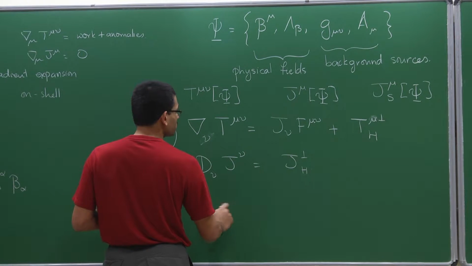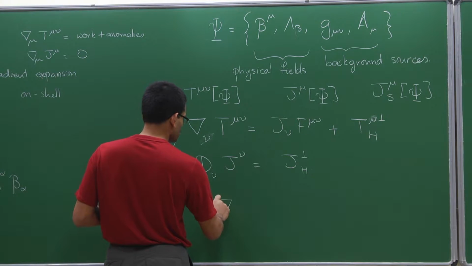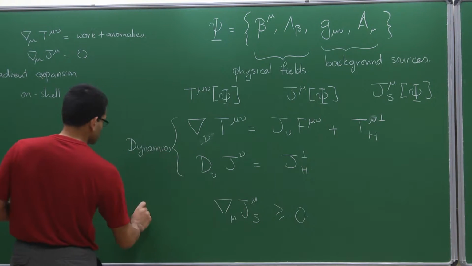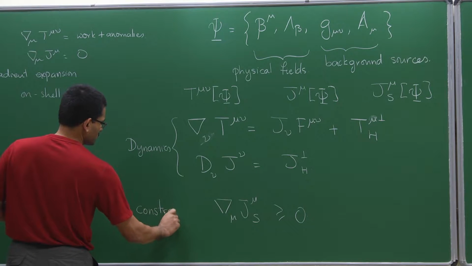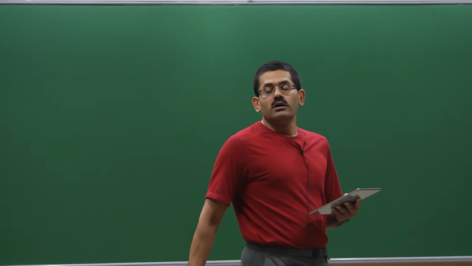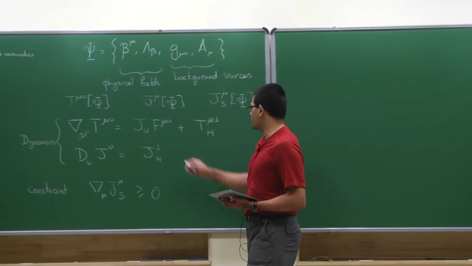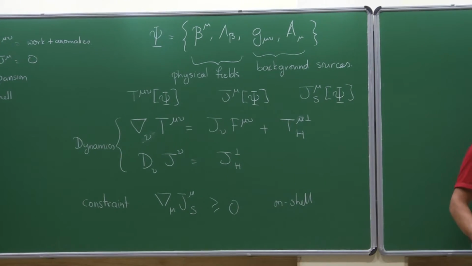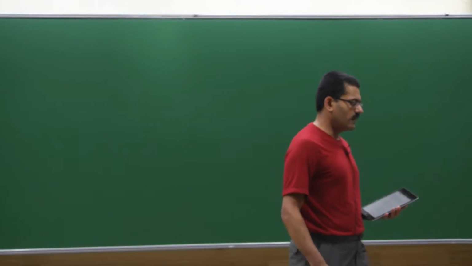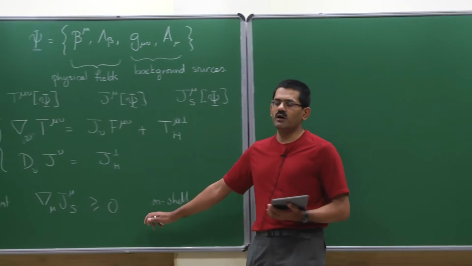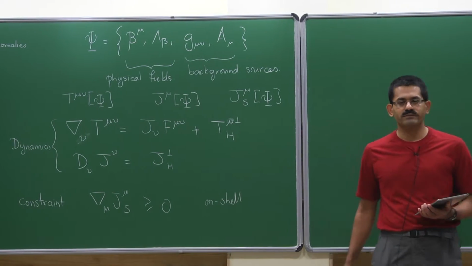And the constraint is... All right. So the constraint is subject to this dynamical equation, so I'm going to say it's on shell, but there's a very simple linear algebra trick I can do, and I'll convince you that there's a very easy way to take this constraint off shell, which will be very useful in what follows. Okay?